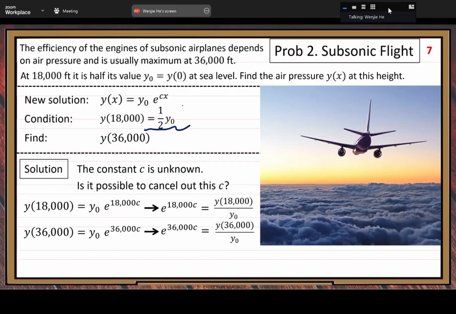Can you see any little trick we can apply to gracefully get around constant C? Observation. Compare these two equations. What property can you see between them? Look at the left-hand side. These two expressions, what is the relationship between them?